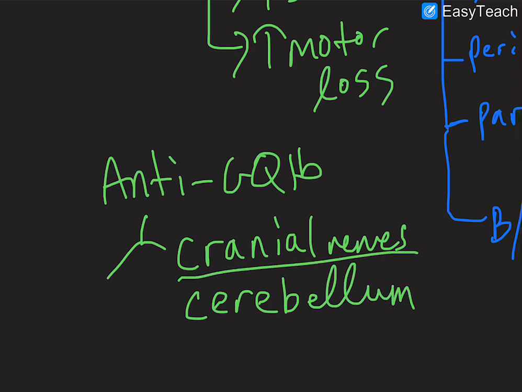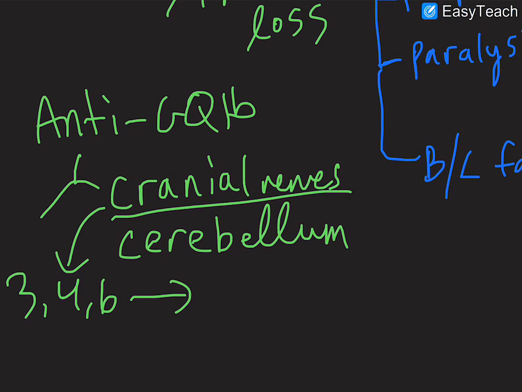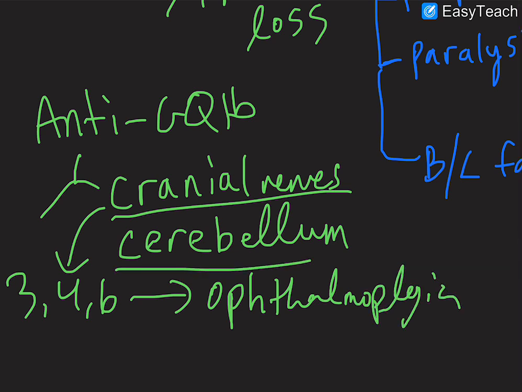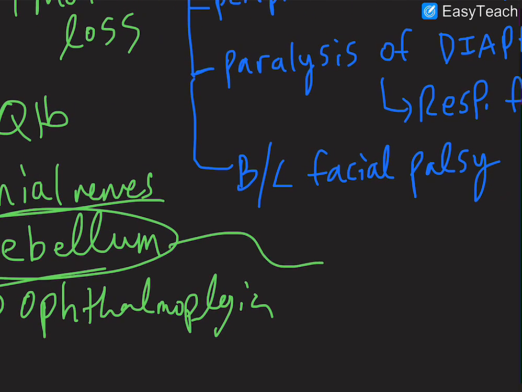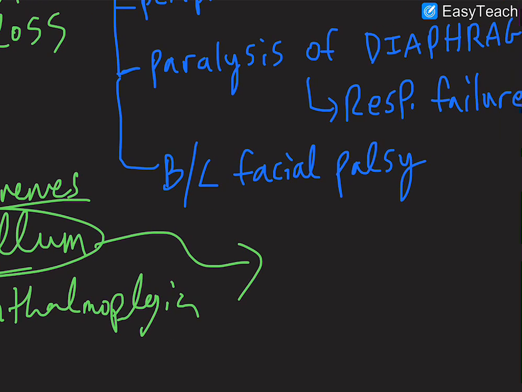If it targets your cranial nerves, like let's say 3, 4, and 6, that can lead to ophthalmoplegia. And if it targets your cerebellum, we know cerebellum is important for coordination, balance, muscle tone, and etc. So if it targets that, we can get ataxia and you can also get issues with your reflexes.